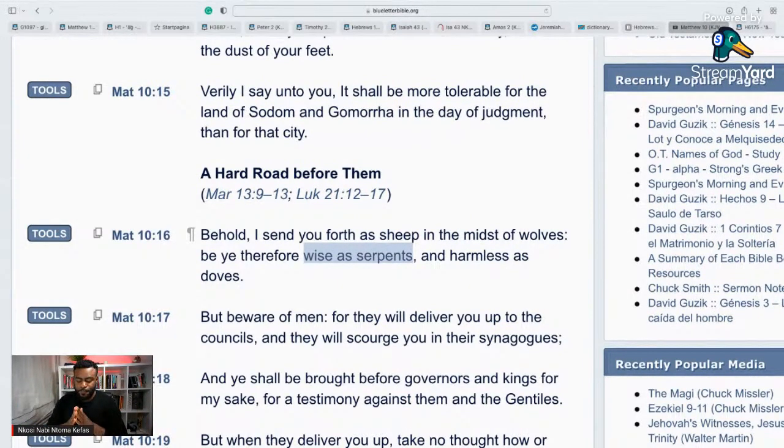But yes, the snake can and may represent evil, evil knowledge, dark knowledge. So you have knowledge in general. With every knowledge you have, you can do what? Good or evil.